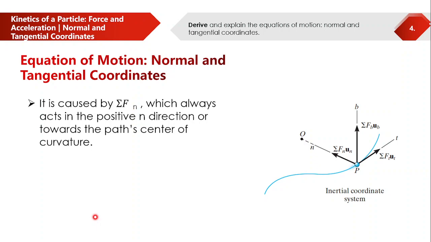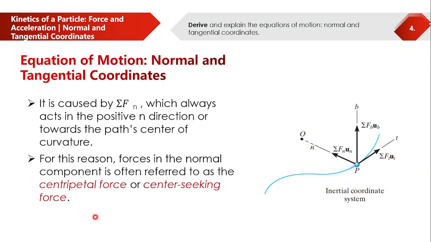For this reason, forces in the normal component are often referred to as the centripetal force, or the center-seeking force. So this is where the centripetal force comes from, since it always acts towards the center of curvature.